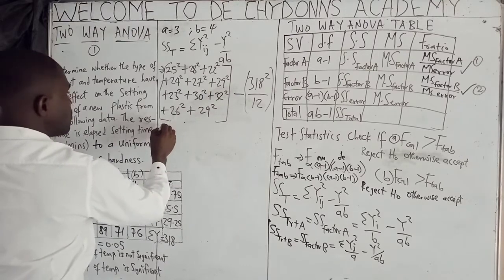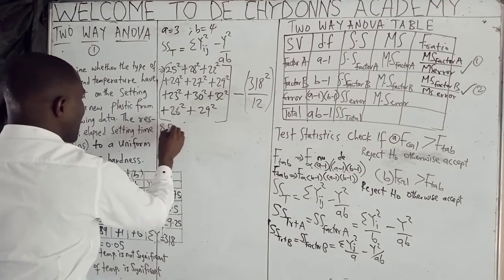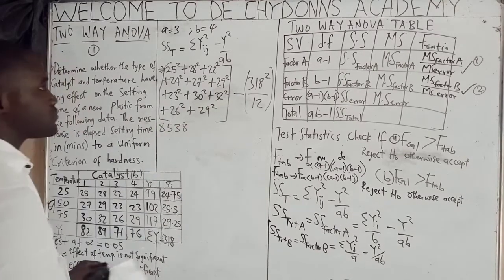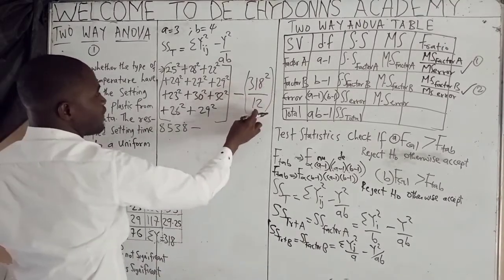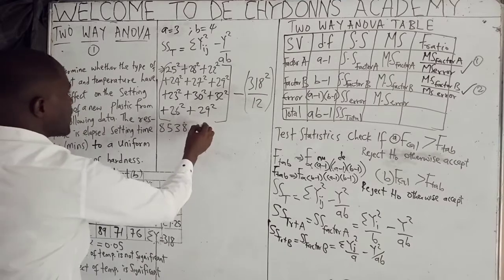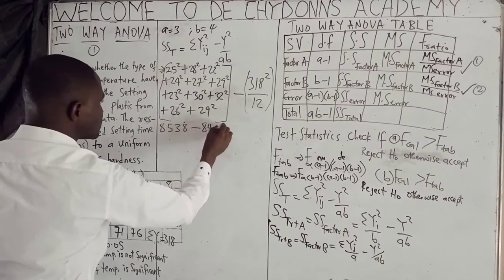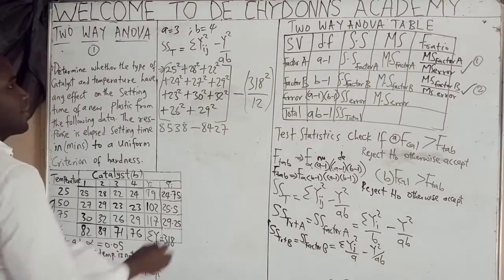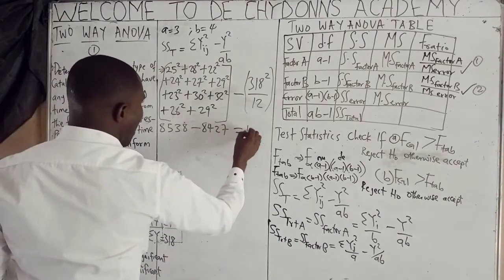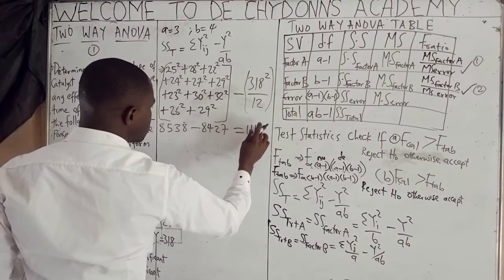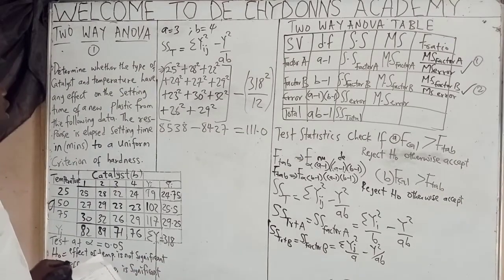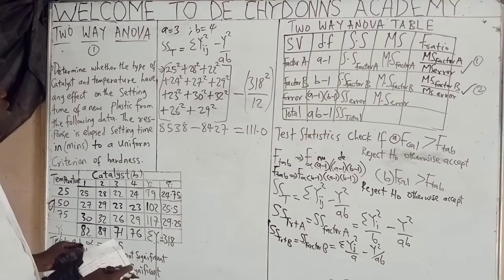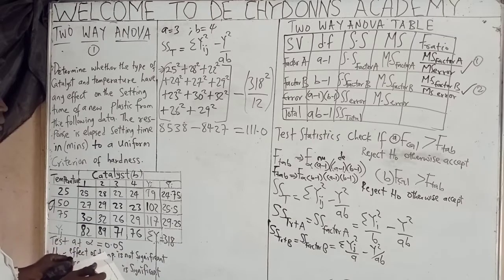When you do that, you'll be having 8538. Then you say minus, if you square this and divide it by 12, you'll be getting 8427. Everything will be 111.0. So, we have gotten our SS total.